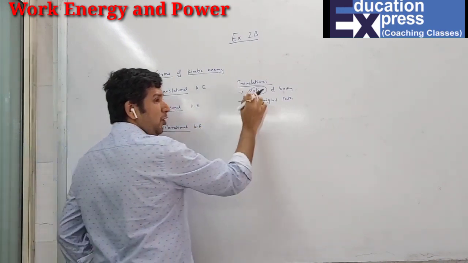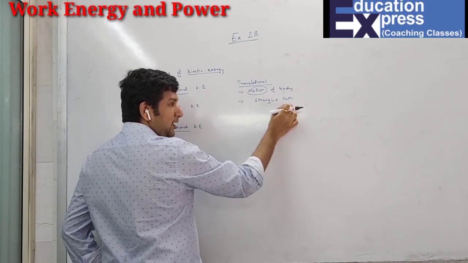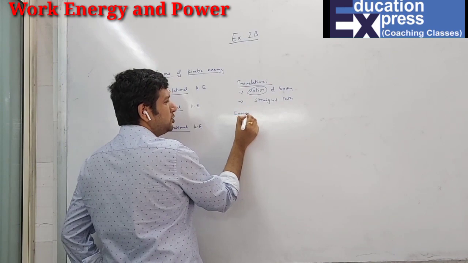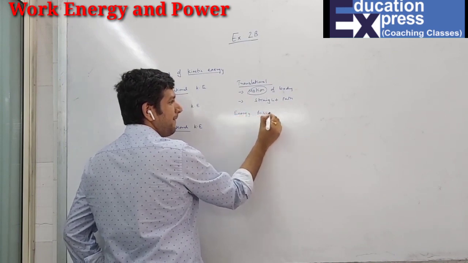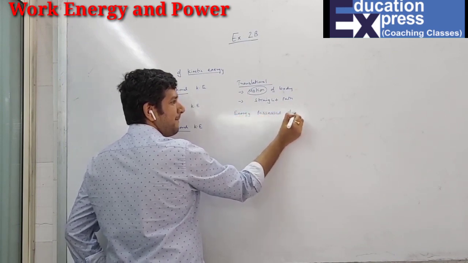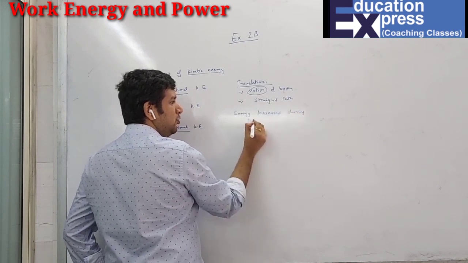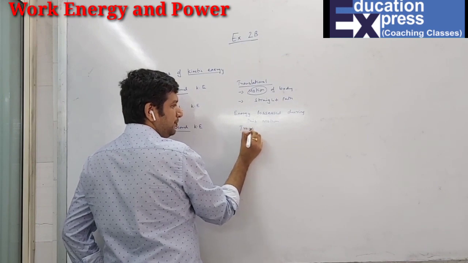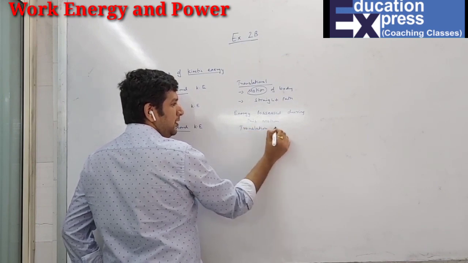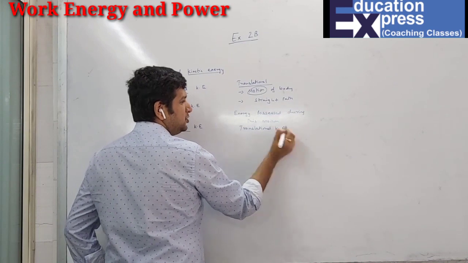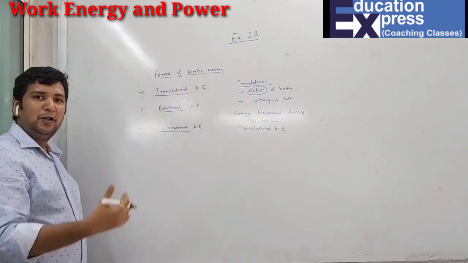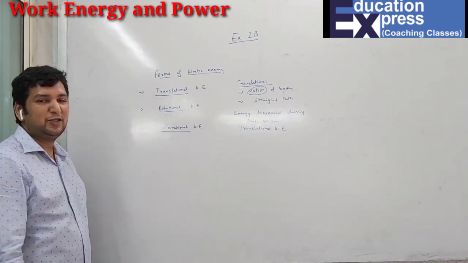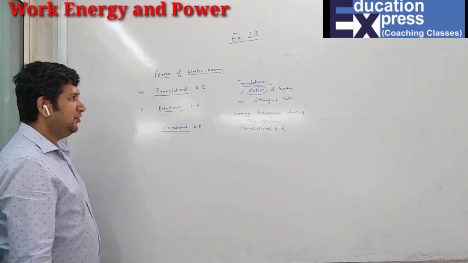That means when the body is moving in a straight path, the motion is said to be translation motion, and the energy possessed during this motion is said to be translational kinetic energy.